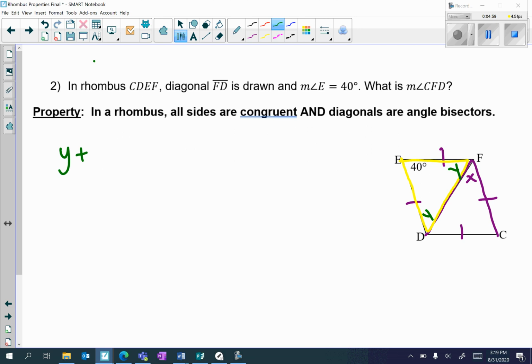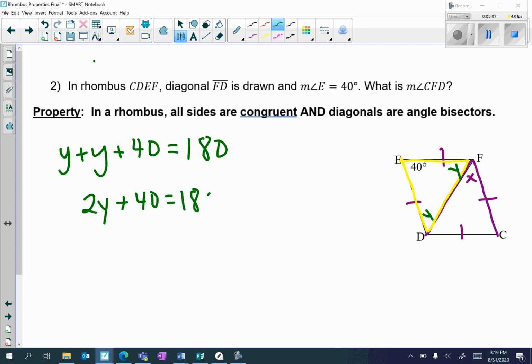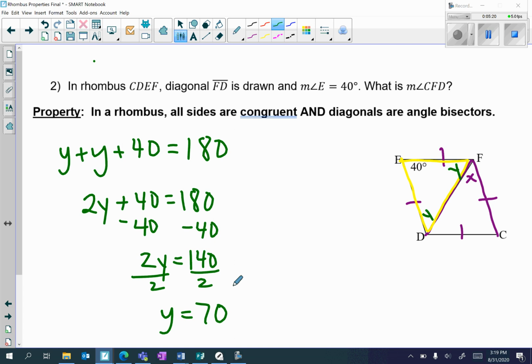So I'm going to add y plus y plus 40 is equal to 180 degrees. Now, y is going to be equal to 70 degrees.